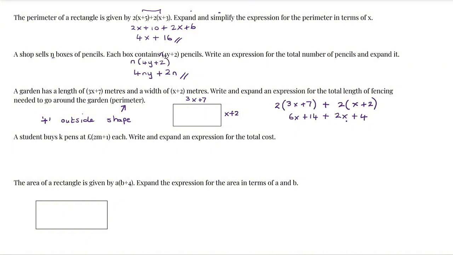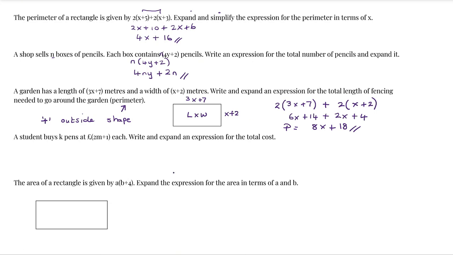We've got 6x plus 2x, and we've got 14 plus 4, which is 18. And that is our answer. 8x plus 18 is our perimeter. I hope you understood that. If not, rewind and take another look, because it is something that you need to do.